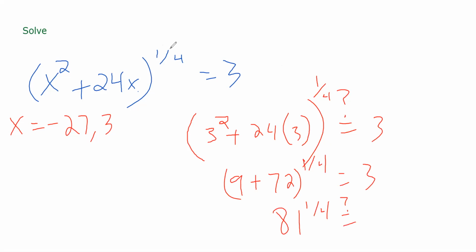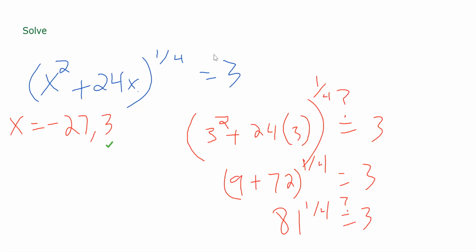You're asking, does that equal 3? Well, remember the 1/4 power is the same as just taking the 4th root. And we already argued earlier that the 4th root of 81 is indeed 3. So this one gets a nice big check mark, the 3. Yay, I can use a stamp.